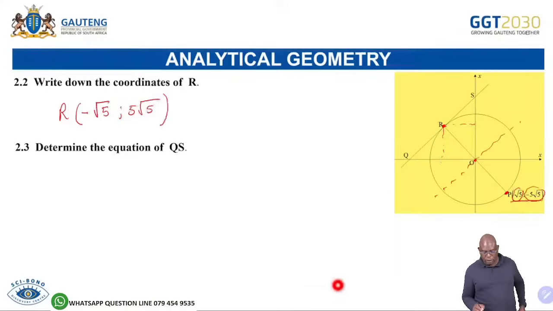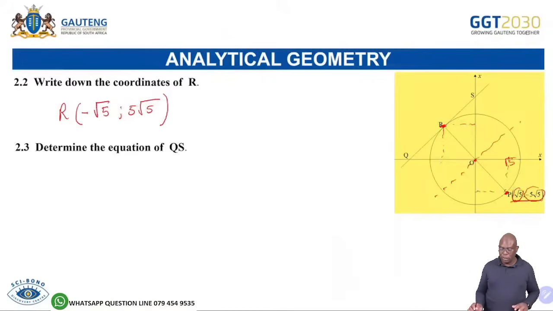So what is the difference between these two? The other one was positive square root of 5 on this side, and it was negative on this side. But now on the second quadrant, the same points change their signs. The other one will be negative, the other one will be positive. So you just swap the signs there. You didn't swap the values, you swapped the signs. Okay, right.